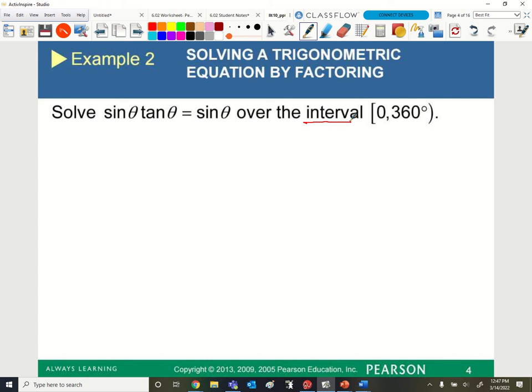Now the next thing I have here is my problem. But what did I say I have to have? It's got to be equal to 0. We've got to do a little bit of math to make this one equal to 0. What am I going to do to try and get the right side of my equation to be equal to 0?